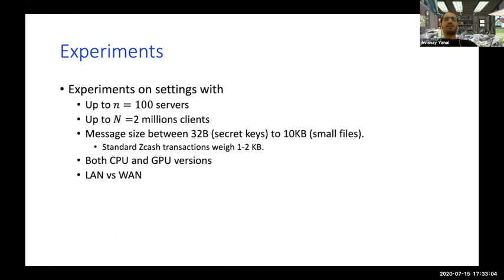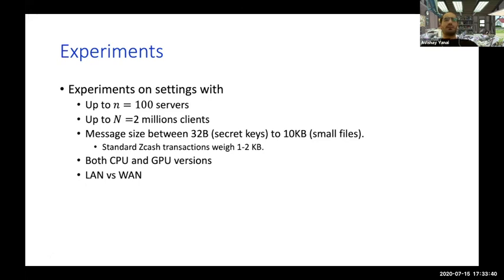And the message sizes we tested are between 32 bytes, which can accommodate secret keys, up to 10 kilobytes, which can accommodate small files. As a reference, the standard Zcash transactions weigh about 1 to 2 kilobytes. So in that sense, Blinder can support transactions of anonymous payment systems. Finally, we experimented over both LAN and WAN settings, and using both CPU and GPU versions.